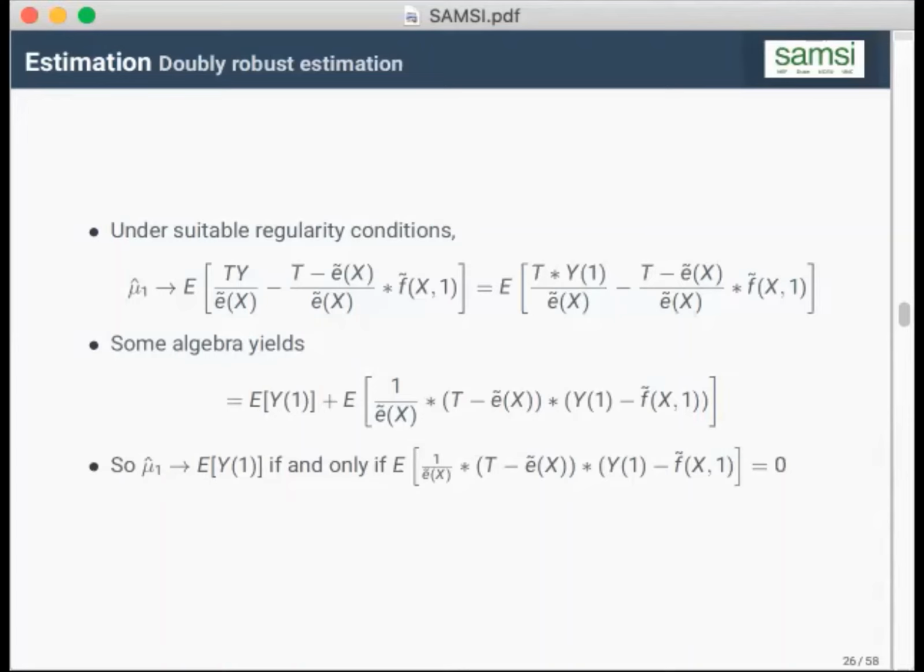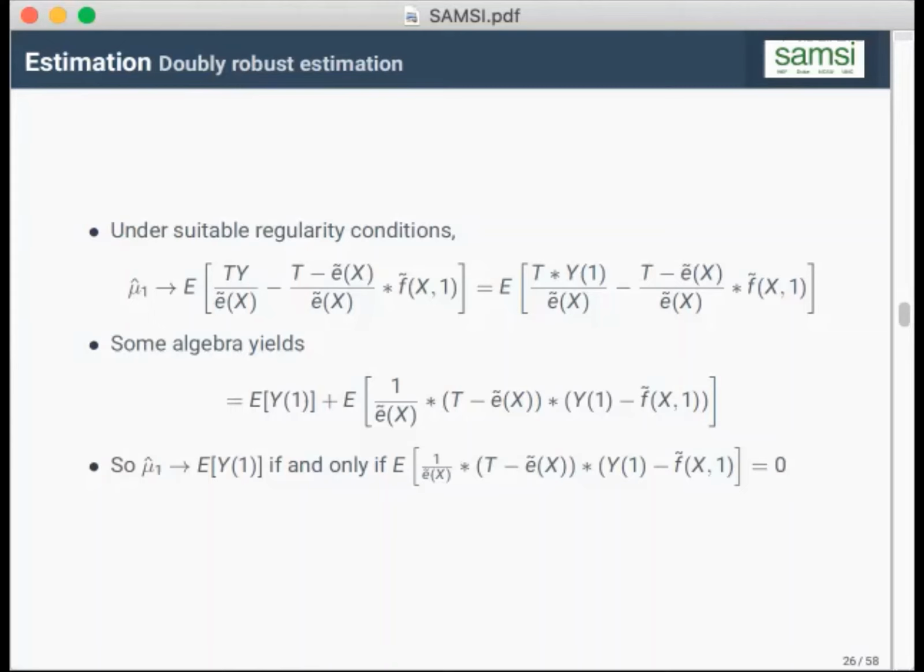By consistency, we can replace y with the potential outcome y1 when y is multiplied by the indicator that treatment is equal to 1. And now after some algebra, we get this expression that is the expected value of y1, which is what we would like mu1 to converge to, plus this error term.